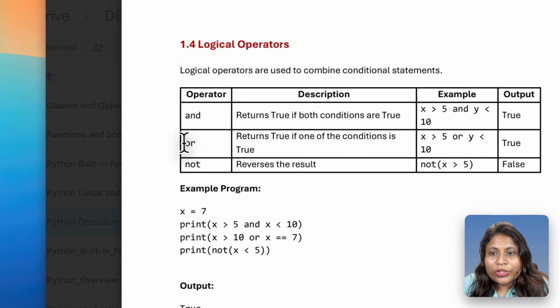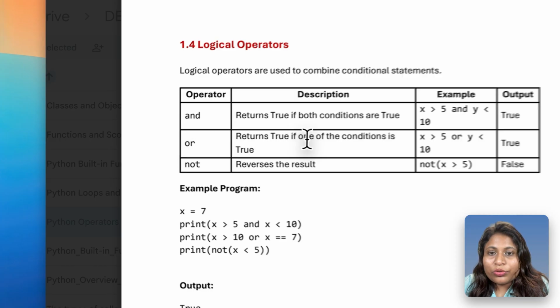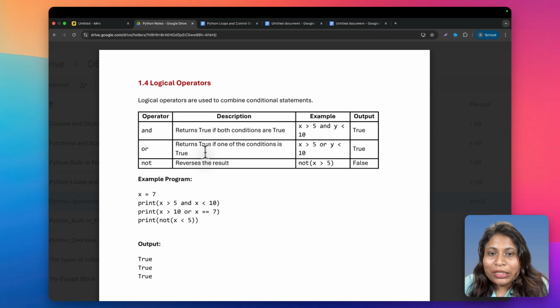What is this OR? OR is a logical operator. What does it do? It returns true if one of the conditions is true. For example, if x is greater than 5 or y is less than 10. Okay, if any condition from these two conditions becomes true, the output will be true.